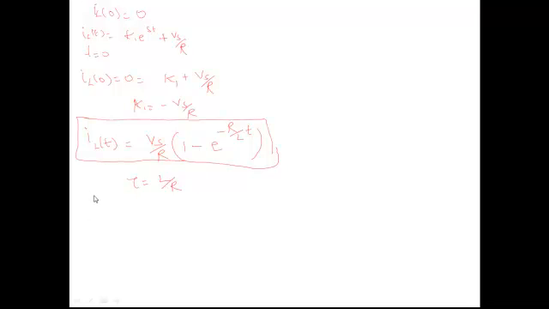So, IL of t can be written as Vs divided by R into 1 minus e power minus t divided by tau.